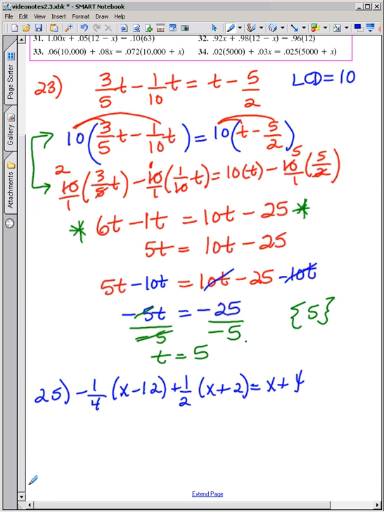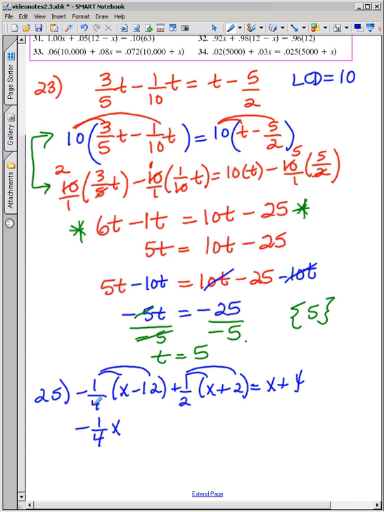Now, notice fractions and parentheses. What I should do first is eliminate parentheses. In doing that, I may, in turn, eliminate some of the fractions from the equation. So what I would suggest is you start by distributing. Okay. So a negative 1/4 times x is just a negative 4th x.